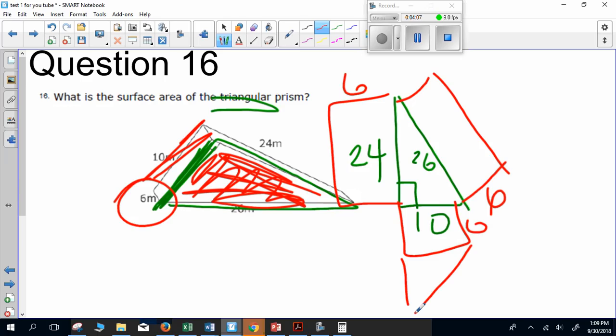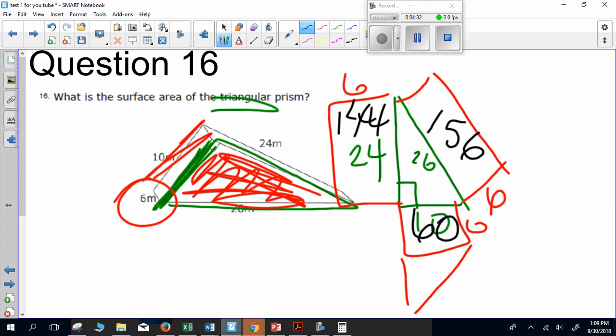So if I do this side right here, it's 10 times 6, and 10 times 6 is 60. And then this side over here is 26 times 6, so 156. And then over here, we've got 24 times 6, 144.